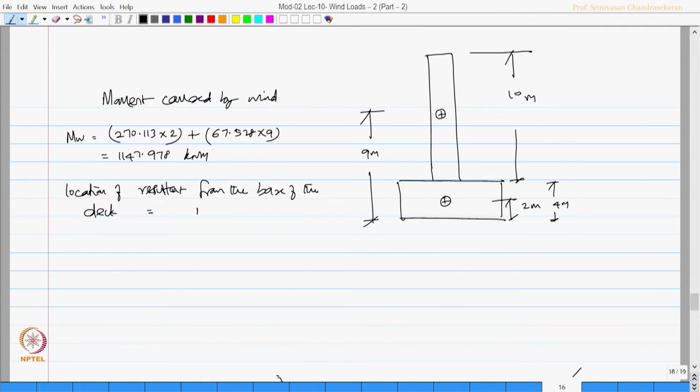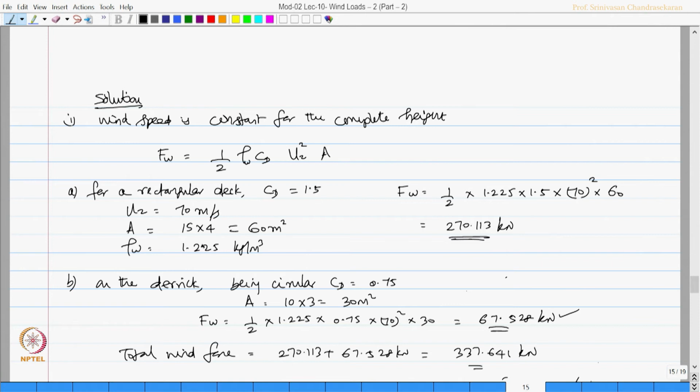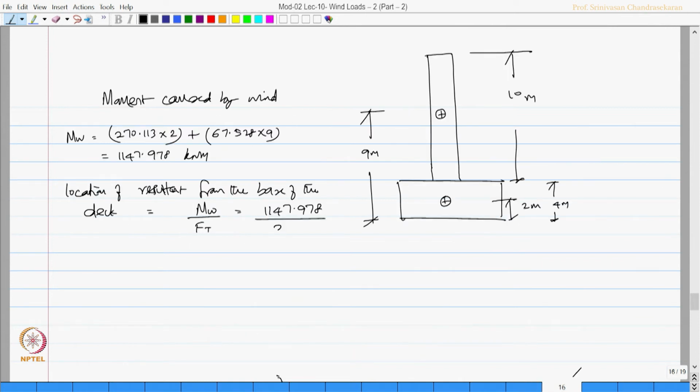I can say that is equal to moment by the total force, which is 1147.978 by total force is 337.641, which gives me 3.4 meters, which is somewhere here. This is the point where the resultant of the force is acting.